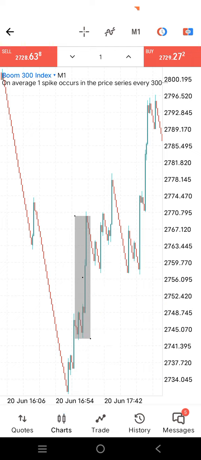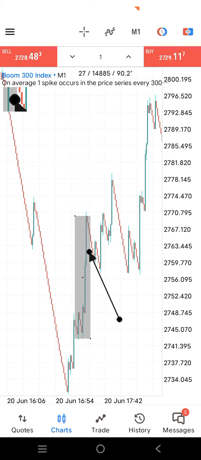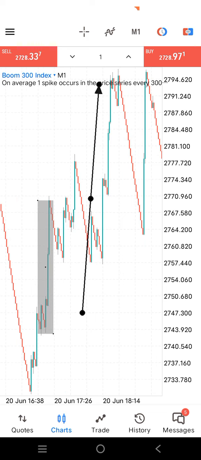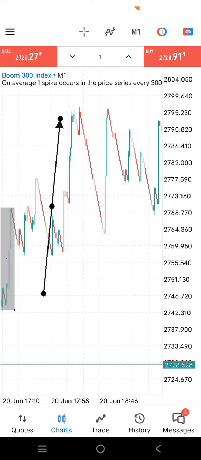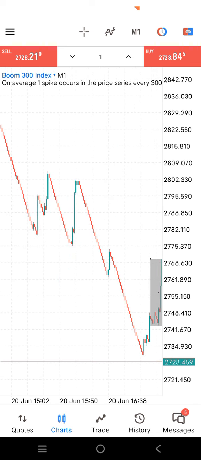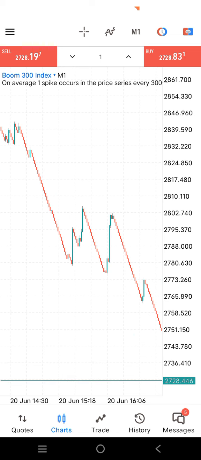The first spike appeared, and after 1 minute the second one, the third one. We open our trade at this point, stop loss at this point, and check it out. Where did it go? This is the power of this strategy. Very simple, very neat and clean. You need to understand it well, and you're ready to go.